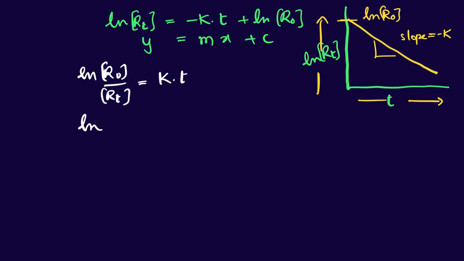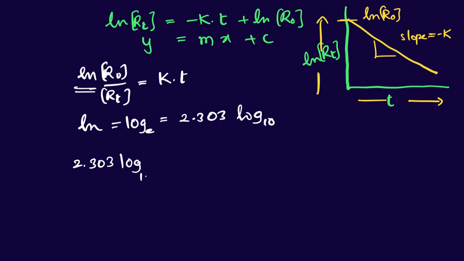Now ln means log base e, and that will be converted into log base 10 by multiplying with 2.303. Therefore, 2.303 times log base 10 of R naught concentration by R at t time concentration is equal to k into t.